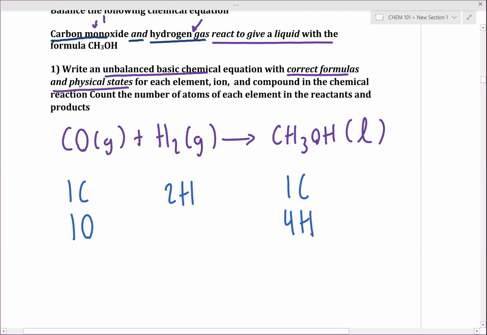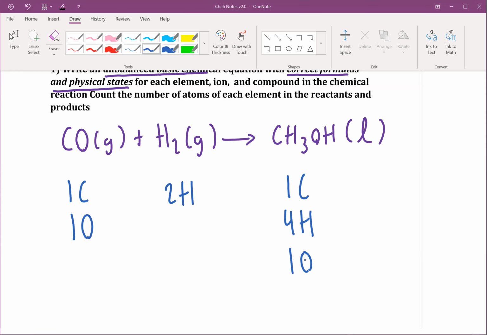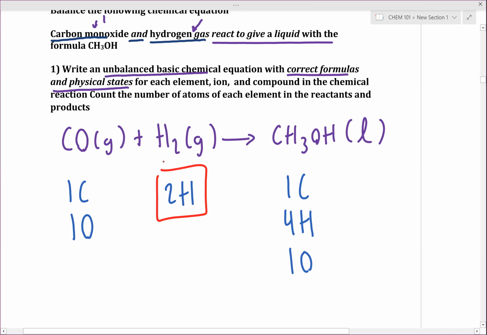And how many oxygens? 1. Now let's take a look. Would someone like to volunteer and tell me which of these elements is unbalanced? Which of these elements do we have different numbers of atoms on each side of our chemical equation? Hydrogen. Yep, so let's circle hydrogen. Are there any other elements that are unbalanced in this equation? No. Okay, so we've done our count.